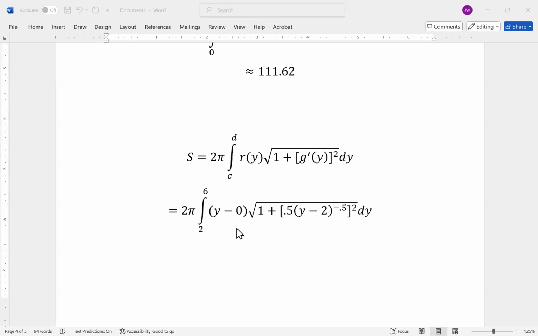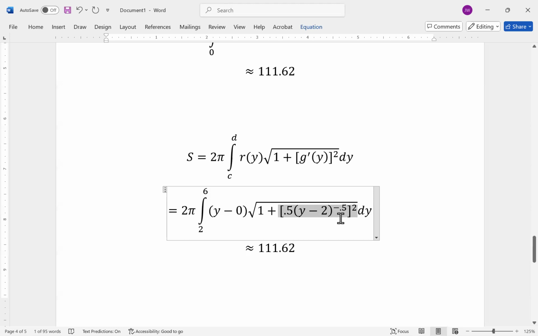It will take quite a bit longer for your calculator to calculate this, but at the end of the day, you will get about the same answer, I should say. You'll get 111.62 if you do it this way as well. Now, these two numbers are the same when I rounded to 2 decimal places on my calculator, but when I went out to 5 decimal places, they were a little bit different, and that's because this one integrates, and I have a negative exponent, and when you plug in 2, you get something close to 0.